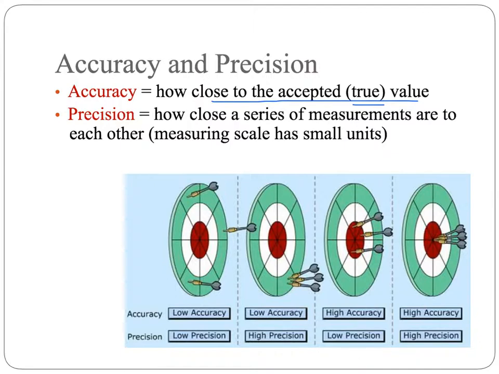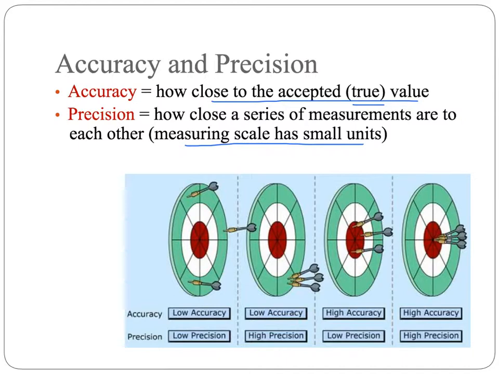How precise you are reflects how close the measurements are to each other. We can think of that as how small the unit is in the measuring scale. So a measuring tool that has very small units can give you more precision than one that has bigger units, and we'll see this on the next slide.